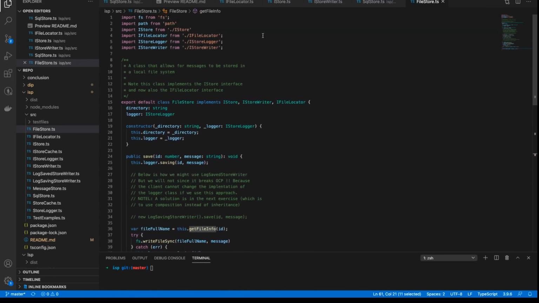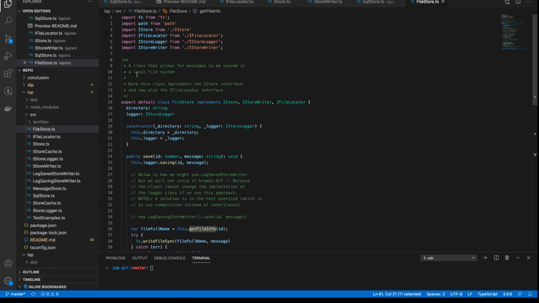So we have basically, through this principle of defining role-based interfaces that only define members that the client needs, we end up with a nice solution whereby we avoid violating the Liskov substitution principle.